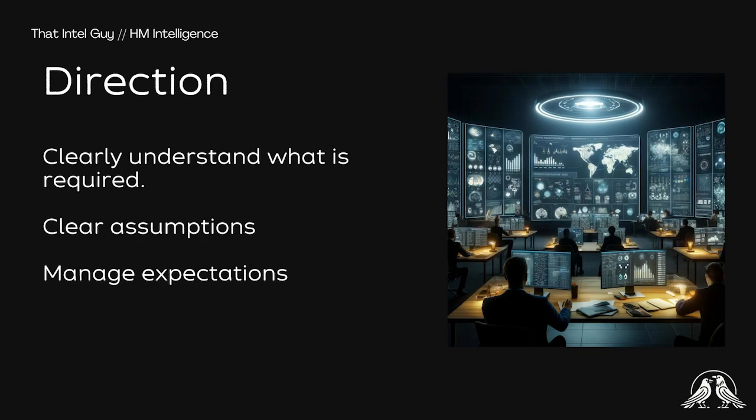So firstly, direction. This is the initial phase of intelligence and involves establishing your intelligence priorities, objectives, or requirements. During this stage, you should be working with the intelligence leaders or decision makers to understand their key areas of interest, any potential threats, and critical information needs.